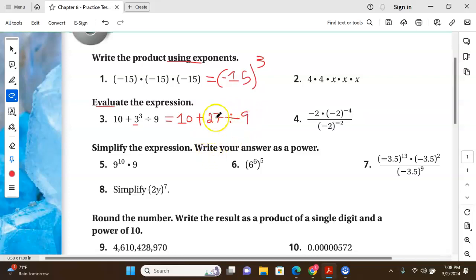And then again, you have to divide first before you add. So 27 divided by 9 is going to give you 3. So that's going to become 10 plus 3. And 10 plus 3 is going to give me 13. So the answer to number 3 is 13.